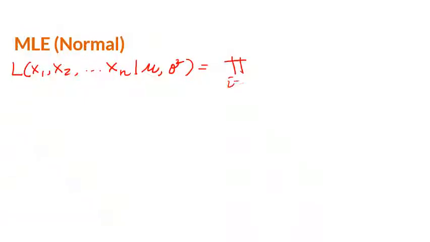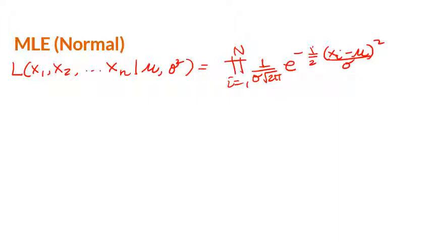So L of x1, x2, and so on, x sub n, given your normal distribution with parameters mu and sigma squared, is given by the product from i equals 1 to n of 1 over sigma square root of 2 pi e to the minus 1 half times (x sub i minus mu over sigma) squared.